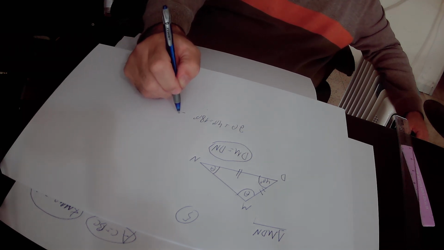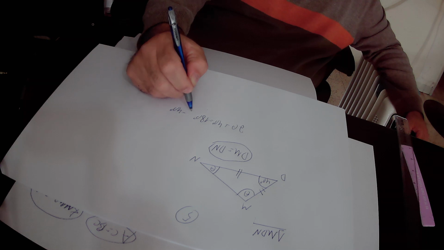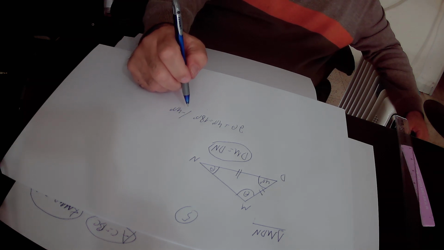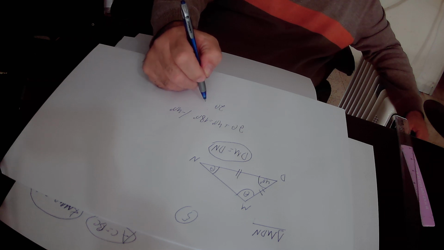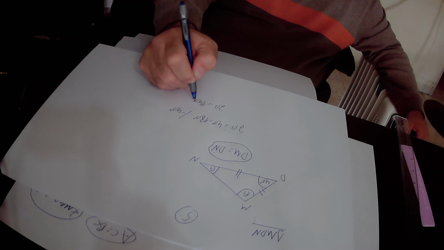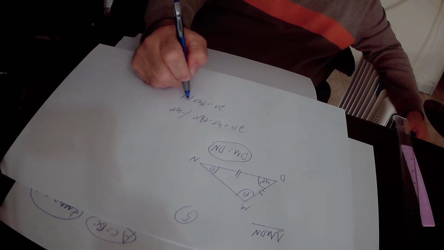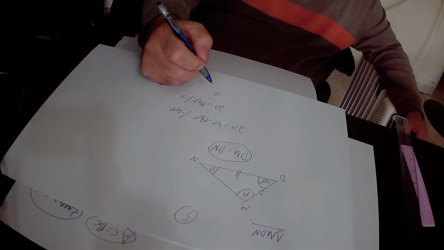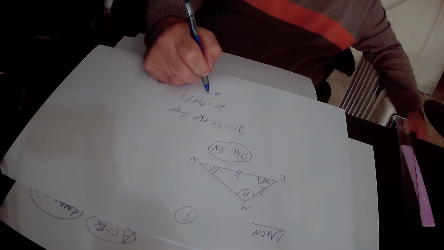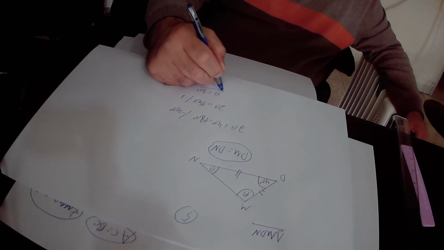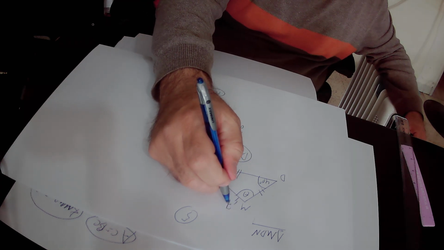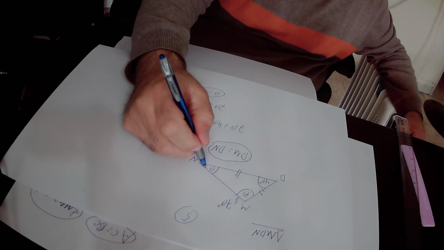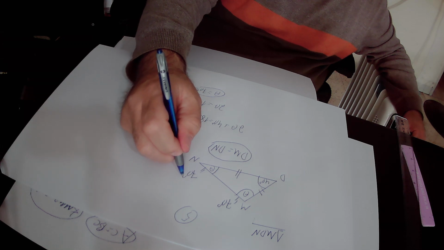We will subtract 40 degrees from this equation, and we get that 2 theta equals 180 minus 40, which is 140 degrees. We divide this equation by 2 and we finally find out that angle theta equals 140 degrees over 2, it is 70 degrees. So this angle theta equals 70 degrees in size, and this angle theta equals 70 degrees in its size.